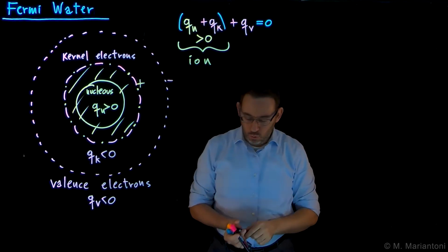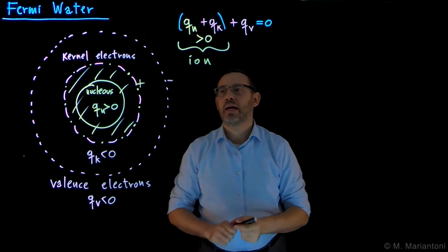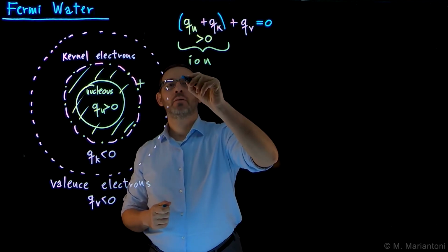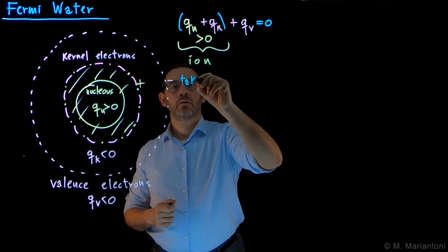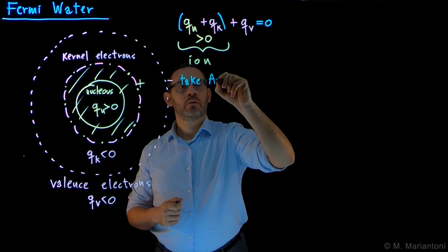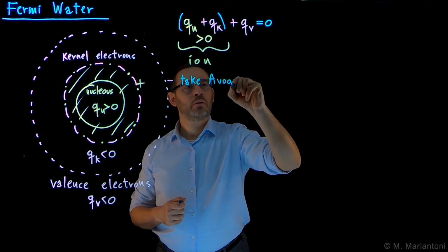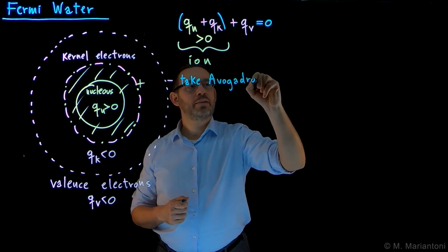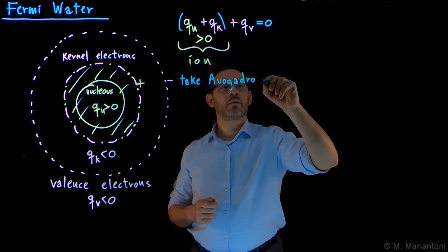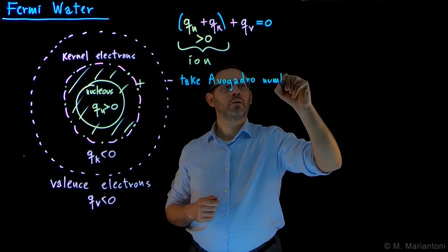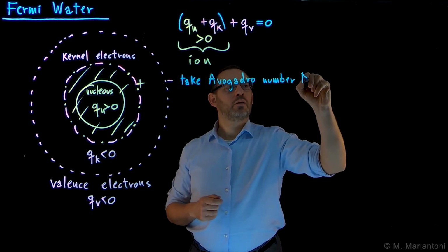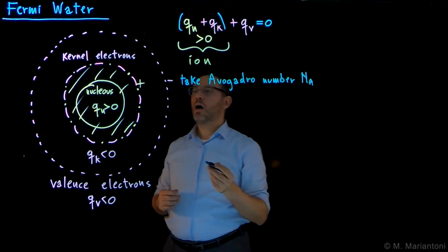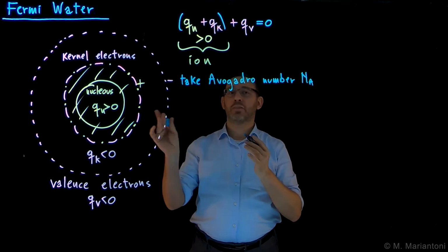What happens when we take an Avogadro number, that is a very large quantity, Na, of such atoms?